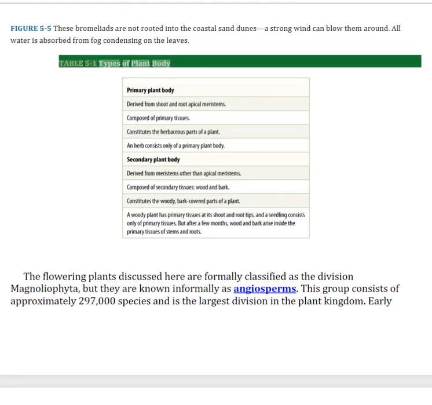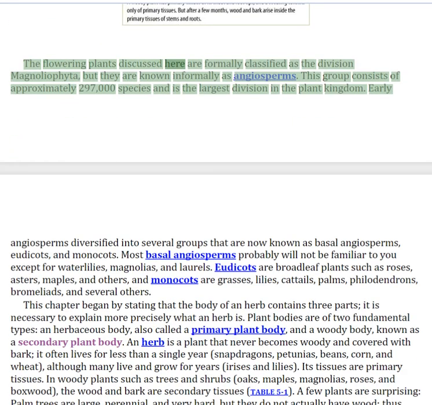Table 5.1. Types of plant body. The flowering plants discussed here are formally classified as the division Magnoliophyta, but they are known informally as angiosperms. This group consists of approximately 297,000 species and is the largest division in the plant kingdom.